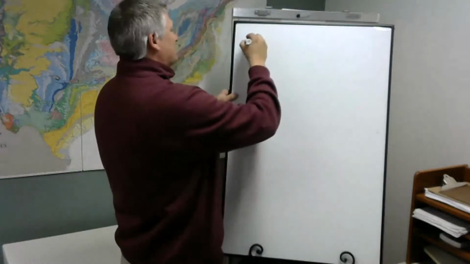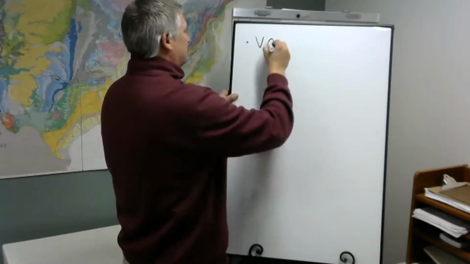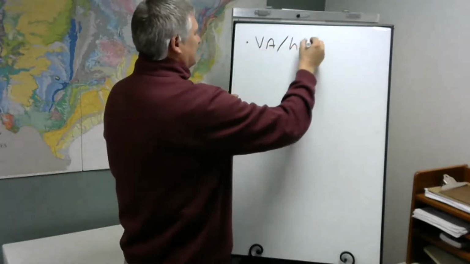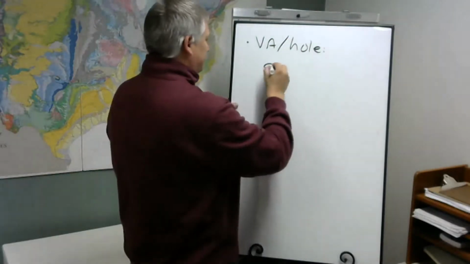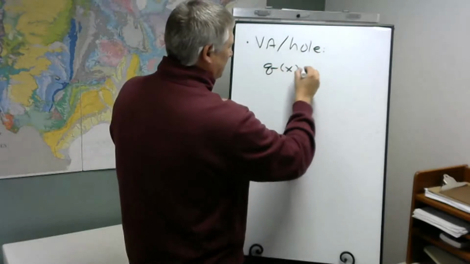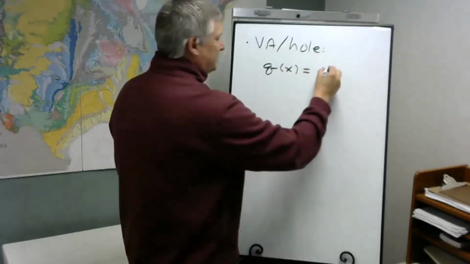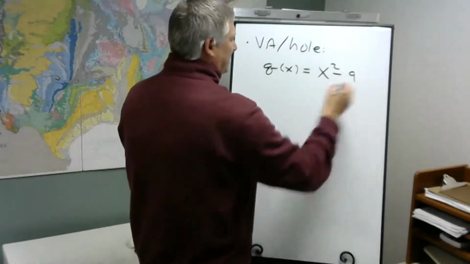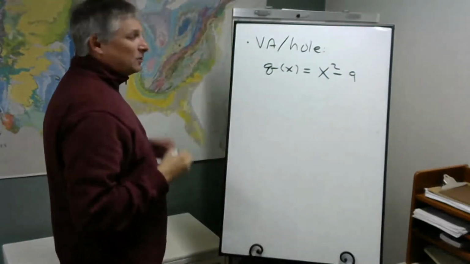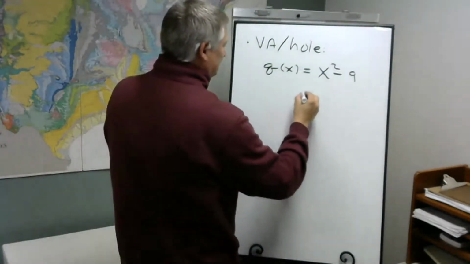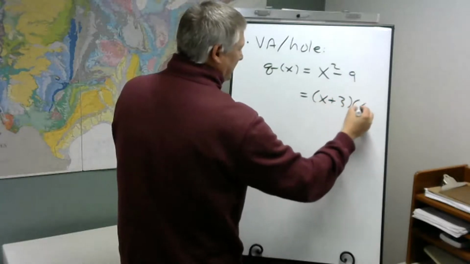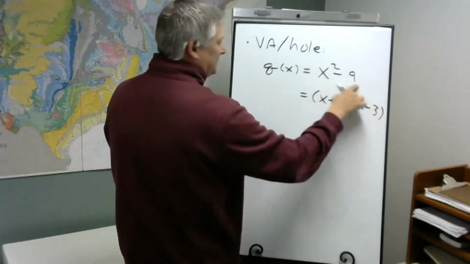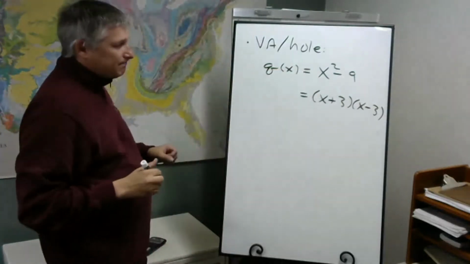So for the vertical asymptotes or holes, we look at q of x. And that bottom polynomial was x squared minus 9. So if we factor this out, this is actually x plus 3, x minus 3. This is the difference of squares.